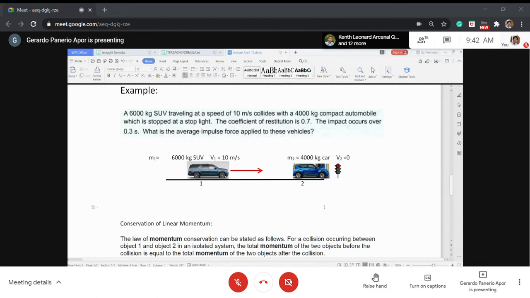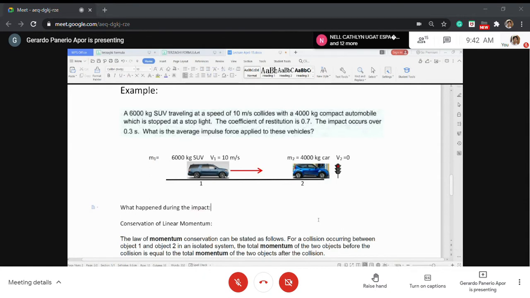Okay. This one is trying to hit that one. So what happened at the impact? There might be a question: what happened during the impact?